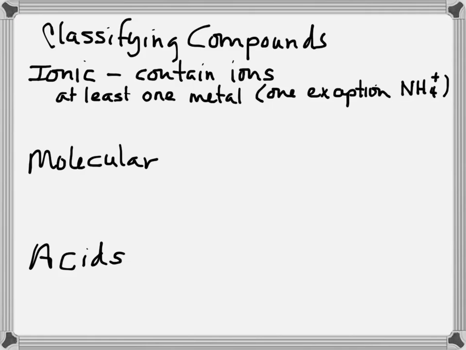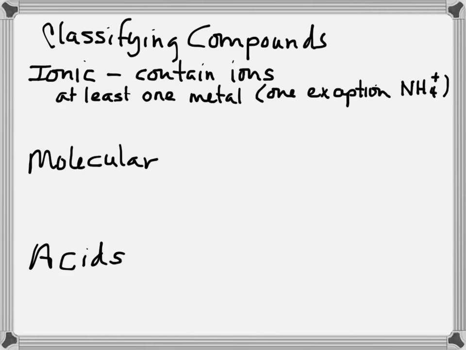So you look at the compound formula. The first element is going to be the metal, if there is one present. So find the symbol of the first element in the compound, look on the periodic table, and ask yourself, is it a metal or a non-metal? If it's a metal, it's ionic. Okay?